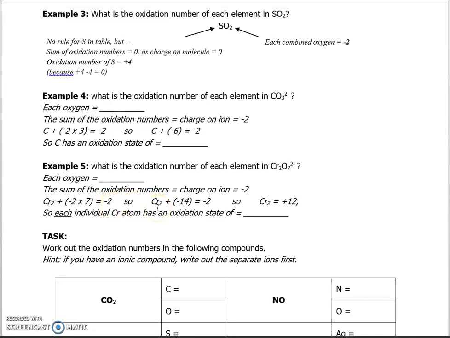That simplifies to 2 chromiums minus 14 equals -2. Add 14 to both sides. 2 chromiums have a combined oxidation number of +12. So therefore, each chromium atom is half of 12. So each chromium atom has an oxidation number of +6.